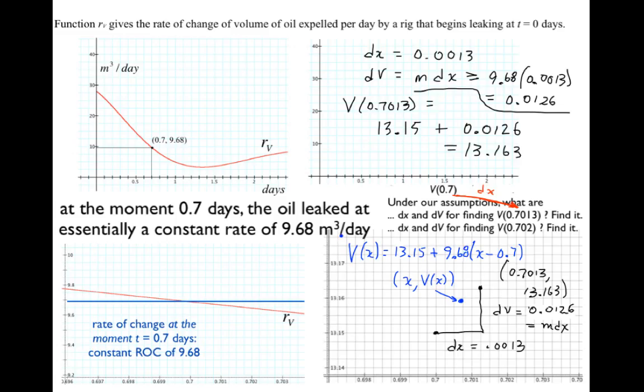So now we can write every corresponding point of days and resulting volume this way. Because the change in x is x minus 0.7, the change in volume would be the constant rate times the change in x. That change in volume plus the initial volume gives you your final volume. And the thing in the blue box now represents every corresponding point.